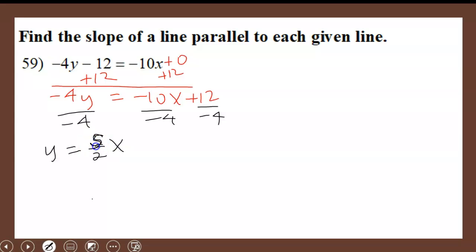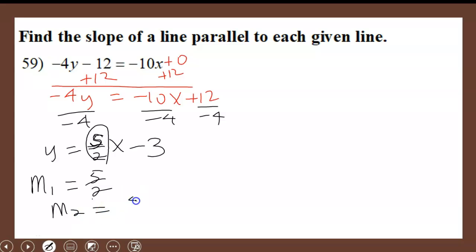And then positive divided by negative is negative. So 12, 4 goes into 12 3 times. Now we can see the slope of the first line is going to be 5 over 2. So the slope of the second line is also going to be 5 over 2 because slopes of parallel lines are congruent.